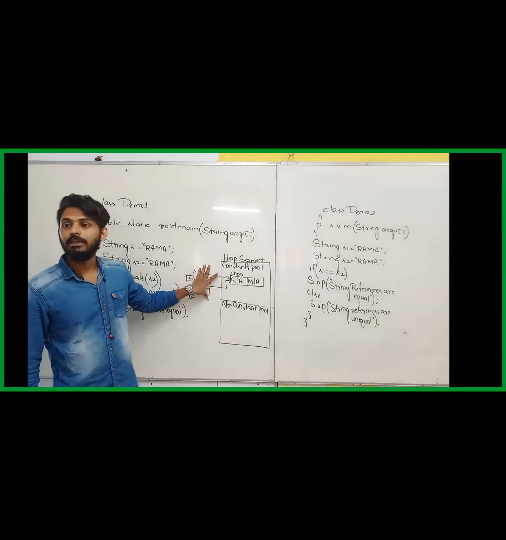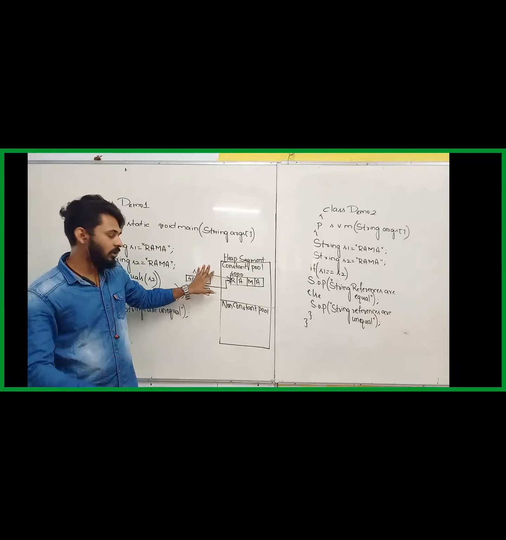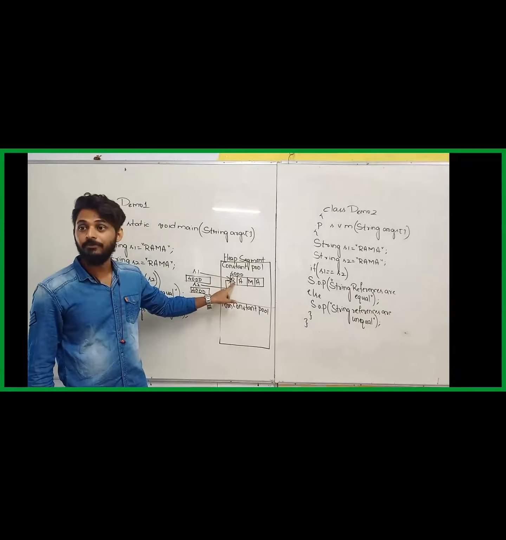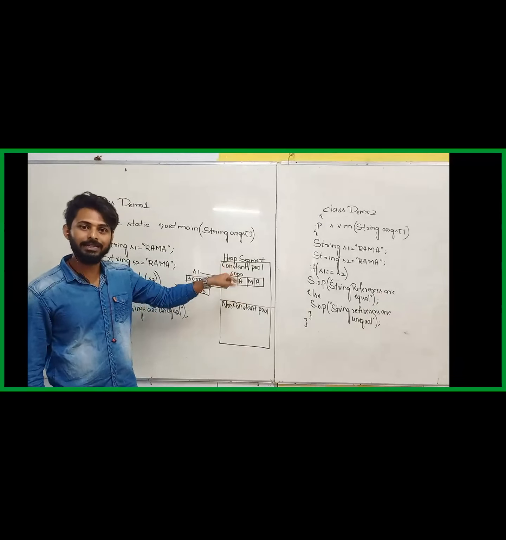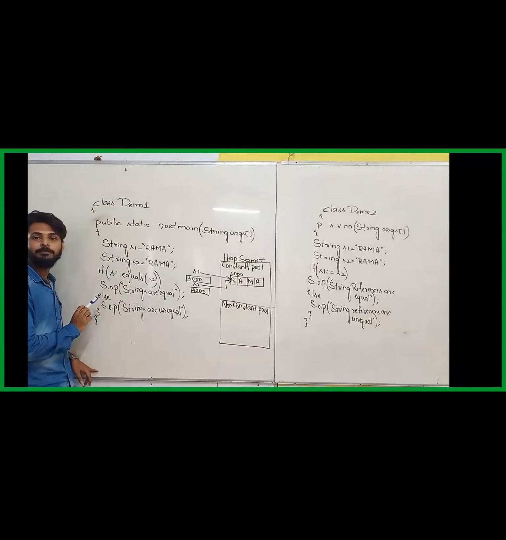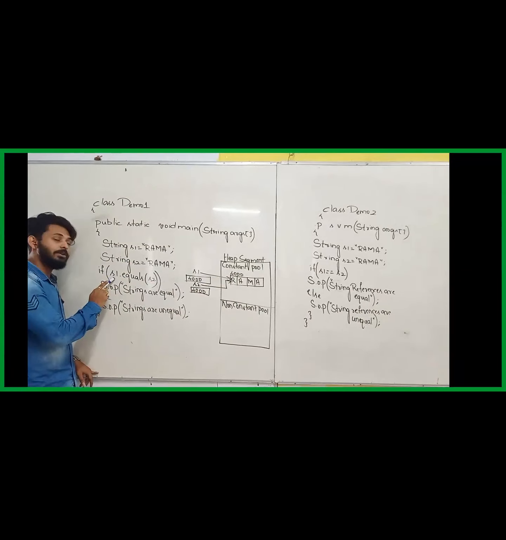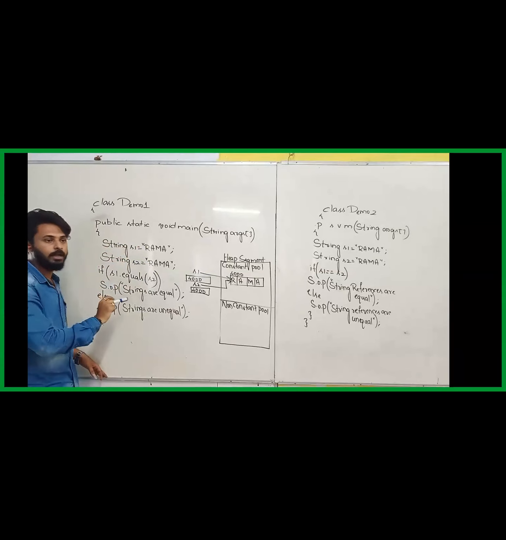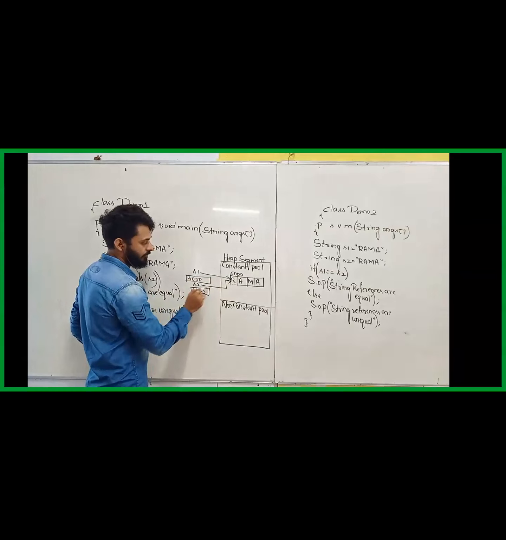Now the question is: what will this equals method check? Forget this; if you are using the dot equals method, it will not check this one. Rather, it will check wherever it is pointing. S1.equals(S2) means: the value wherever S1 is pointing and the value wherever S2 is pointing, are they the same?